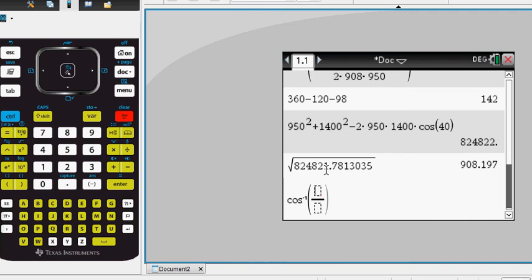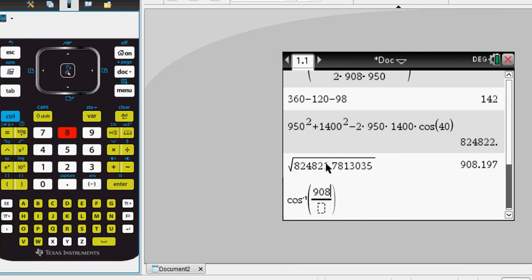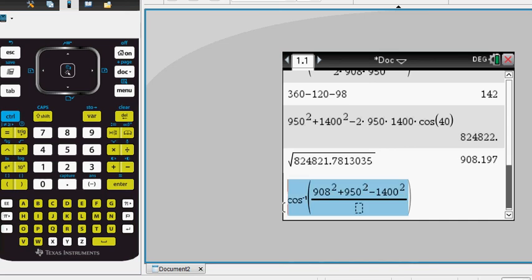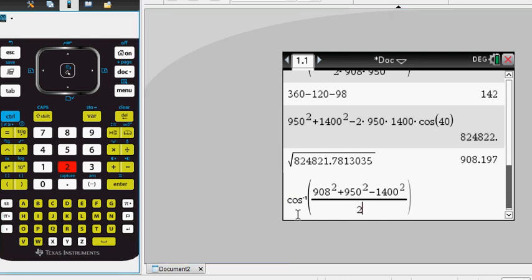That is 908 squared plus 950 squared minus 1400 squared, divided by 2 times 908 times 950.